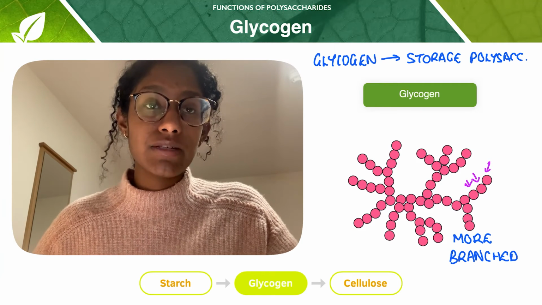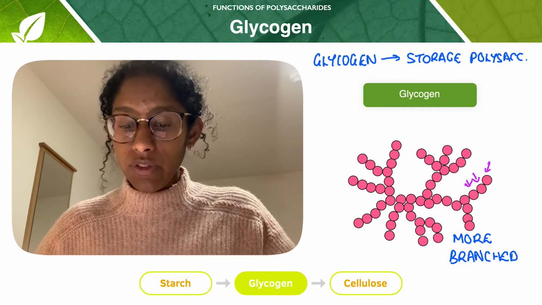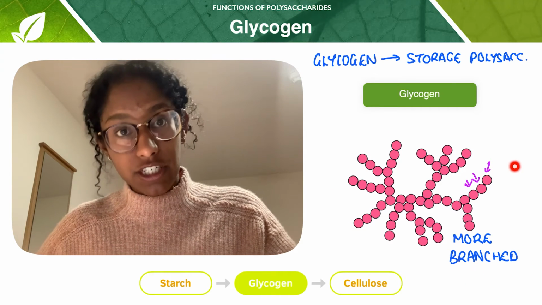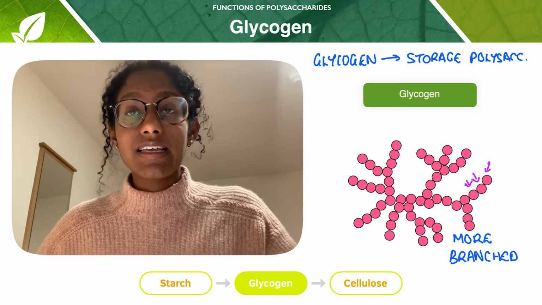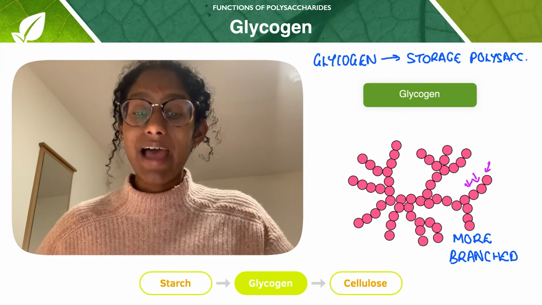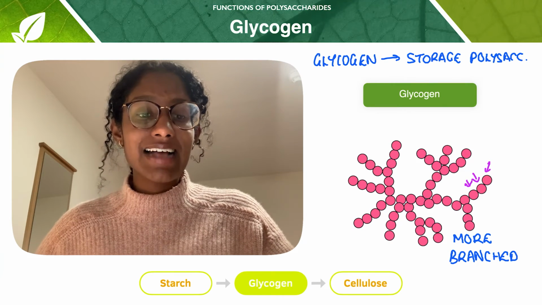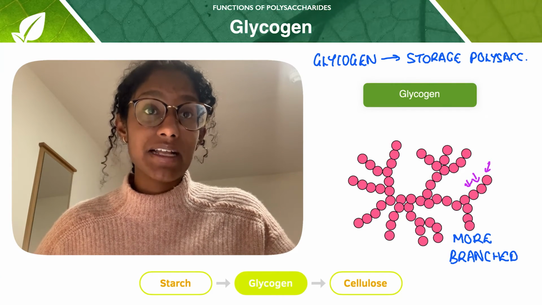They have a higher metabolic requirement than plant cells. So therefore they rely on this fast breakdown nature of glycogen, whereas plant cells can have the slower but still fast breakdown of amylopectin with its less branched structure, because plant cells tend to have lower metabolic requirements.